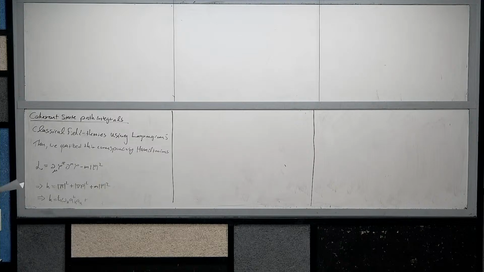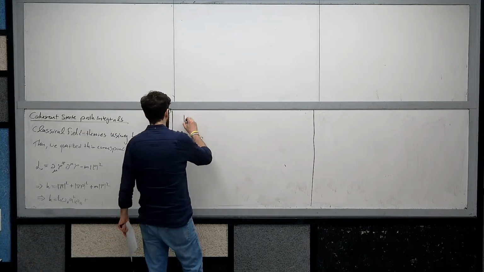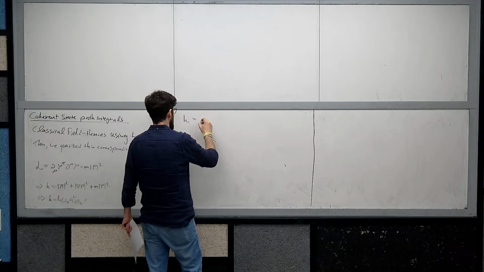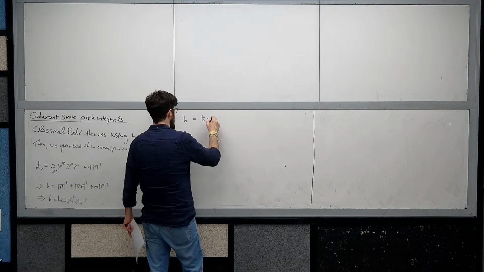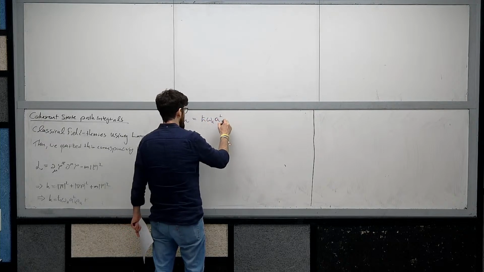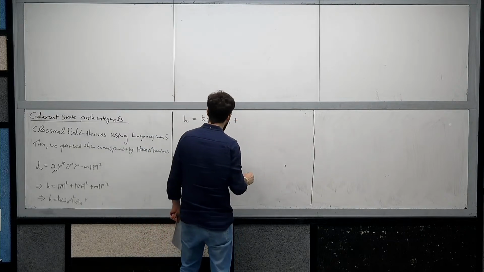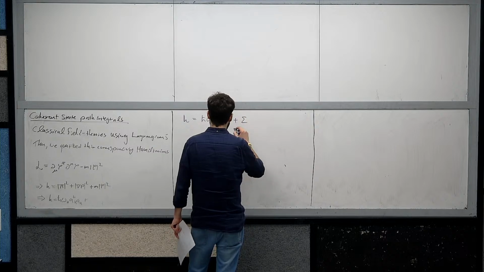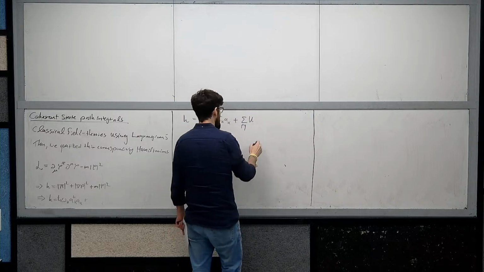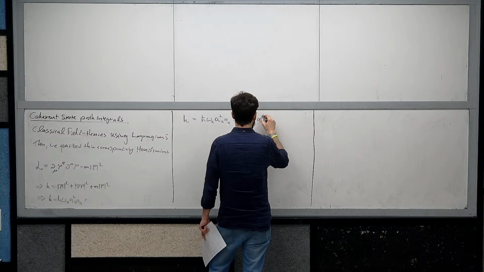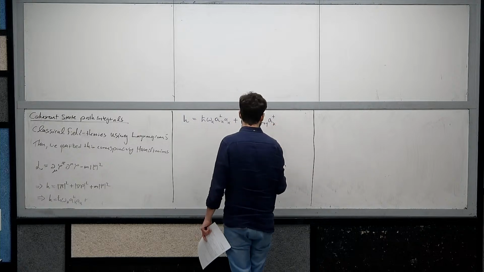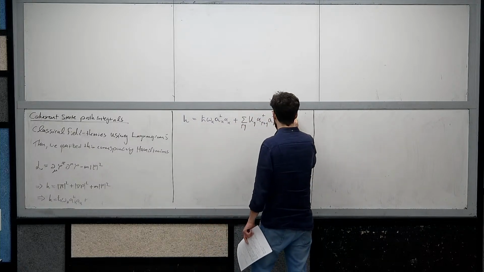We can add to the Hamiltonian something like h bar omega k, a dagger k, a k, plus maybe some interaction, a sum over p and q of some u q, a dagger p plus q, a dagger k minus q, a k, a p.